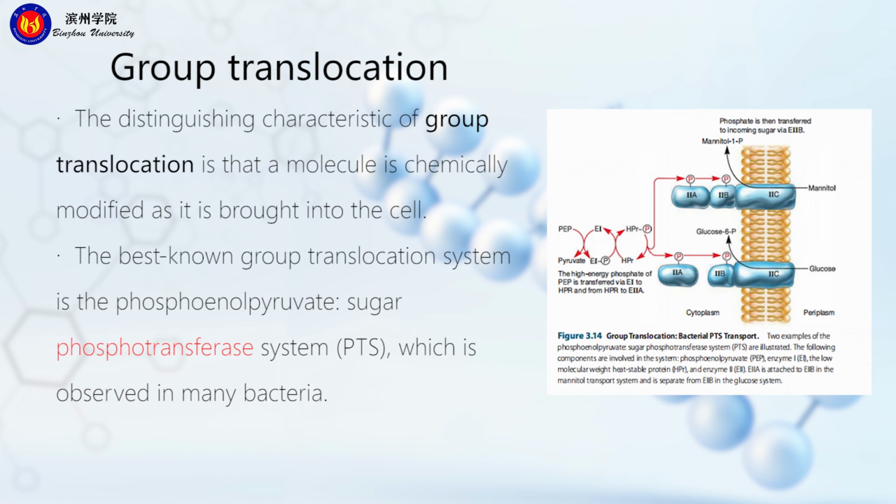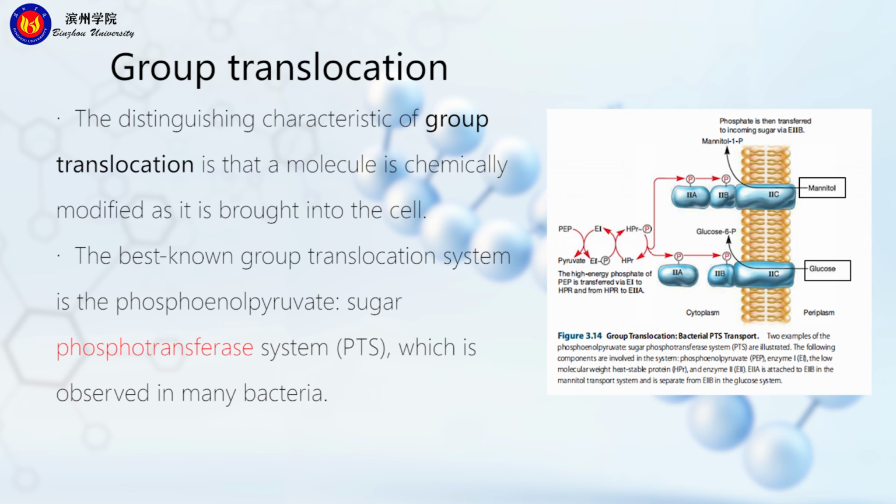Look at the picture on the right. The PTS transports a variety of sugars while phosphorylating them, using phosphoenolpyruvate, PEP, as a phosphate donor.